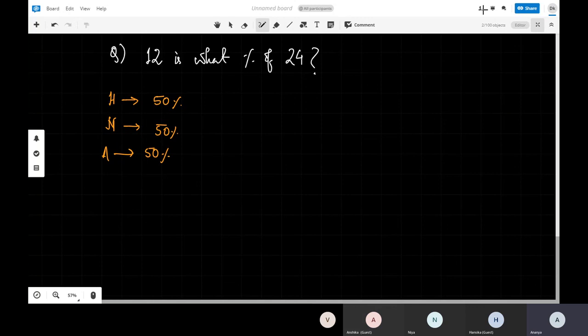Let's see. So we have to find 12 is what percentage of 24, right? So we have 12 over 24 times 100. Do you guys agree? Yes. So 12 over 24 is 1/2, correct?